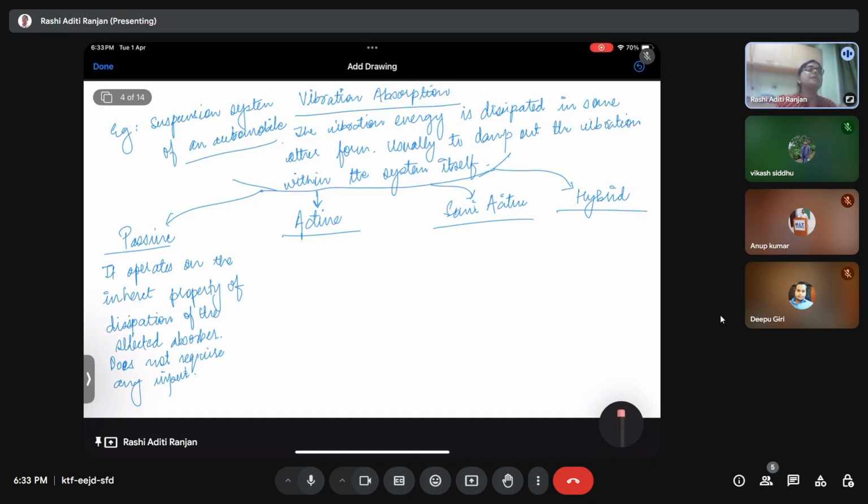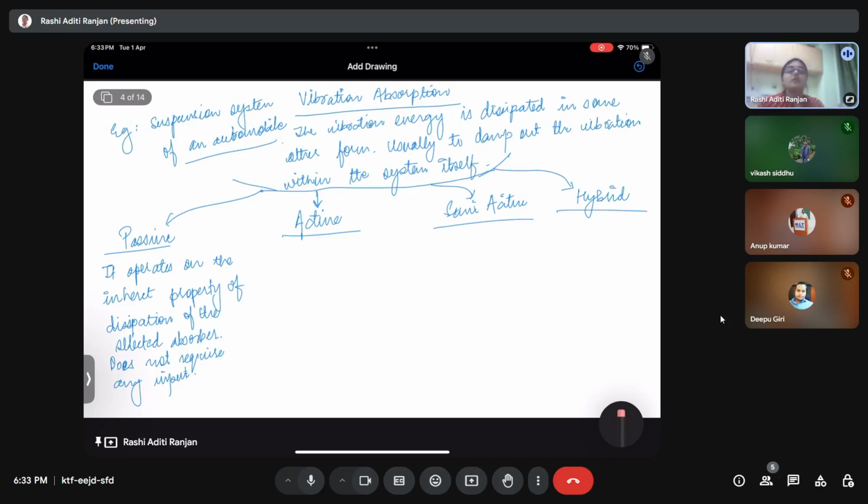But if my system has this kind of behavior, like that of an all-terrain vehicle, that every time it is encountering some other type of discontinuity of the road, and I still want to reduce the vibration induced in the vehicle, the best option for me is the active vibration absorber.